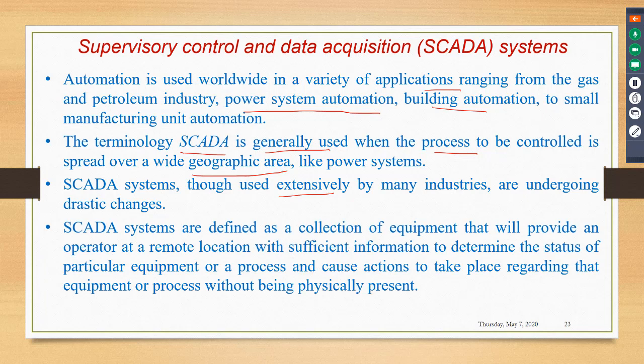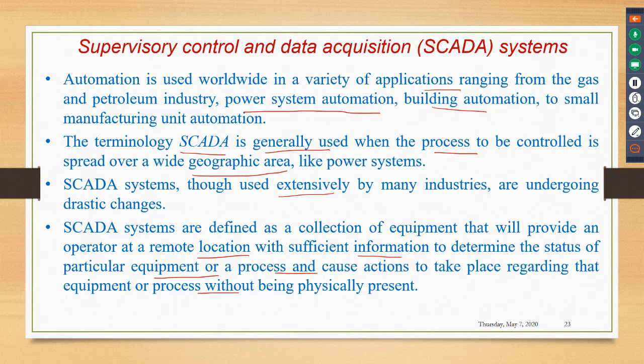SCADA systems are defined as a collection of equipment that will provide an operator at a remote location with sufficient information to determine the status of particular equipment or a process, and cause actions to take place regarding that equipment or process.